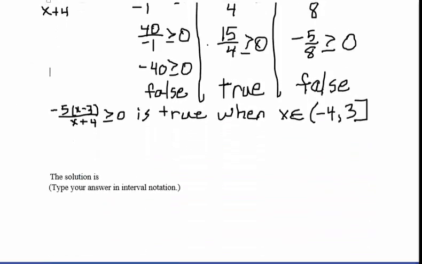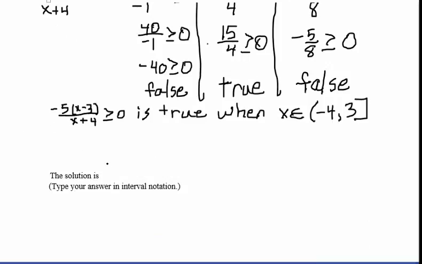Negative 4 is not included, but the 3 is. 3 makes the expression 0. Negative 4 makes the expression undefined. So I put a square bracket next to the 3. My solution then is the interval that contains all the numbers between negative 4 and 3 and includes 3. And just a reminder, this symbol means is an element of.